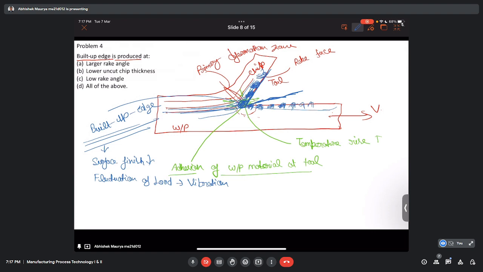And also, because of the built up edge, sometimes the bonding between the tool and the built up edge becomes very strong, but when it gets detached, it takes away some chunk of material from the tool. So indirectly we can say it increases the tool wear.